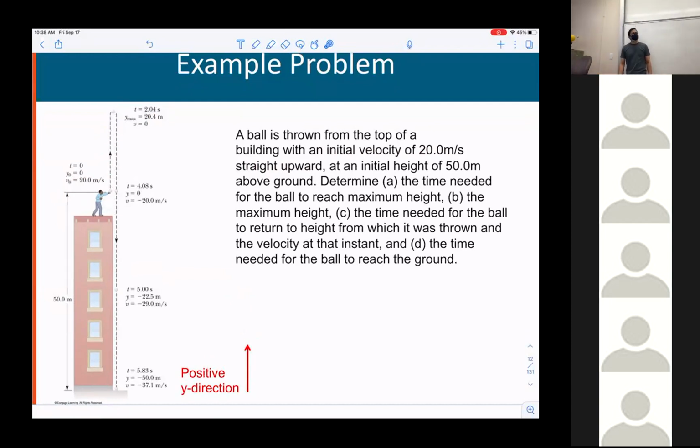So in this case, is the acceleration due to gravity positive or negative? Anyone? The positive direction is upwards. How many people say it's positive? How many people say it's negative? I see a few hands. How many people don't know?